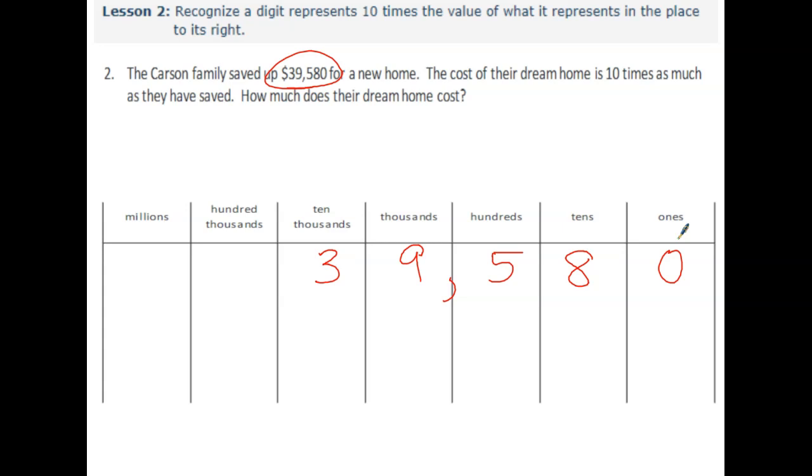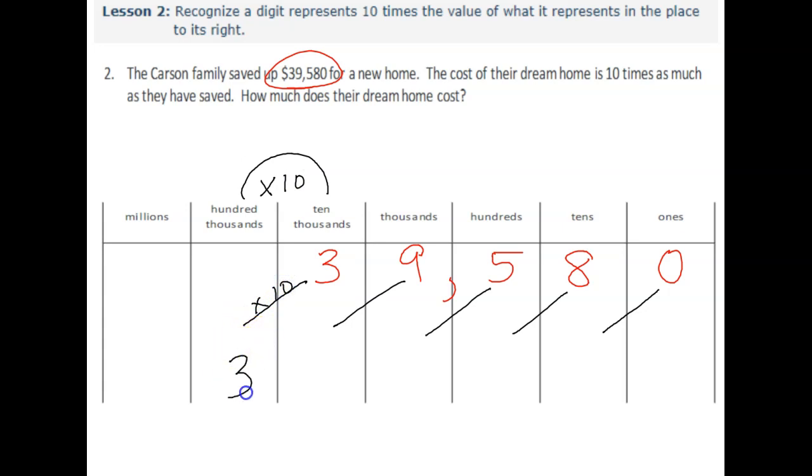Now we're going to say, well, if we're multiplying that by 10, what we need to do is move over left 1 place value unit. So each one of these digits is going to move over 1 place value to the left, meaning that we did times 10 for each one of these. So now this 3 is going to be here.